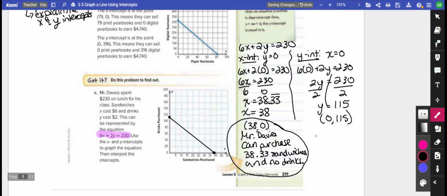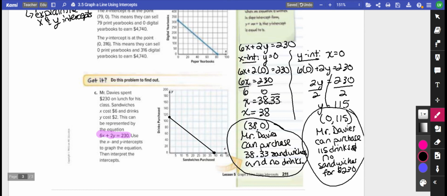Now for the y-intercept, this means that Mr. Davies can purchase 115 drinks and no sandwiches for $230. I'm going to add that in for my x-intercept for $230.